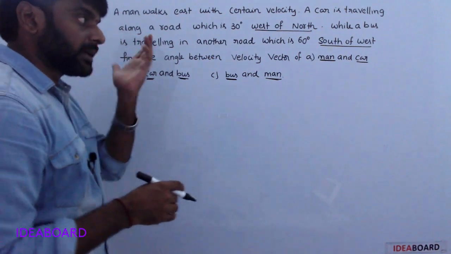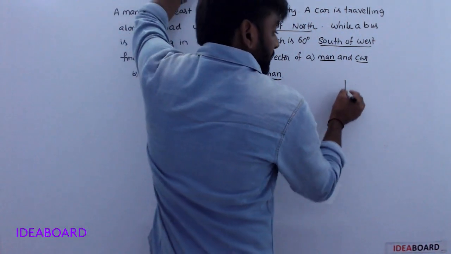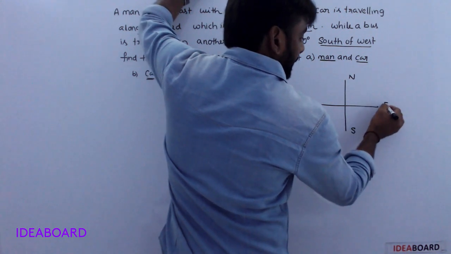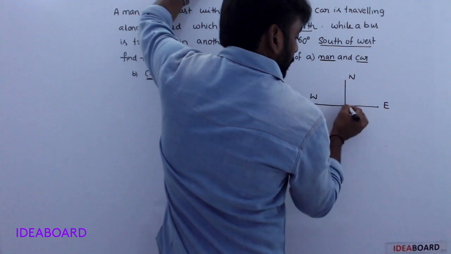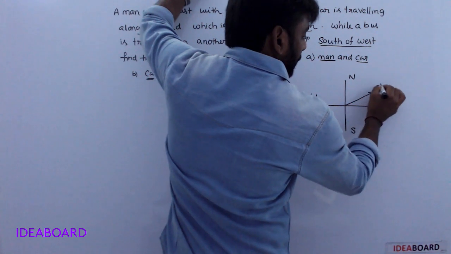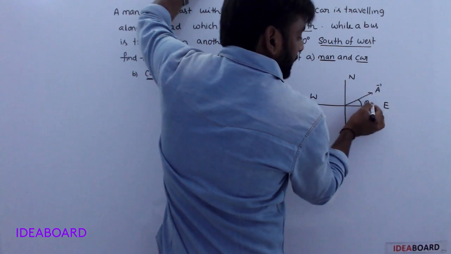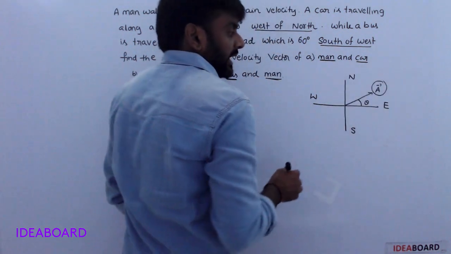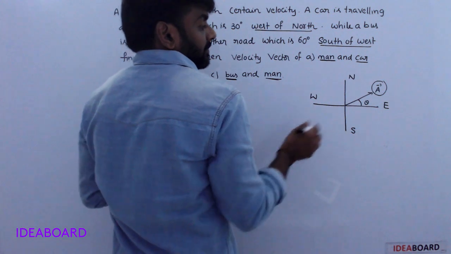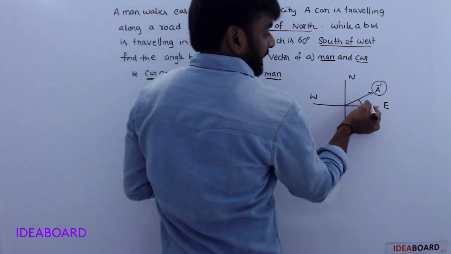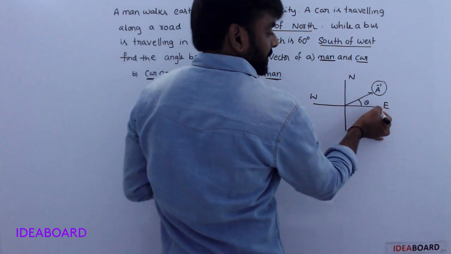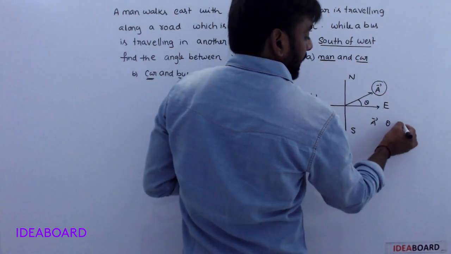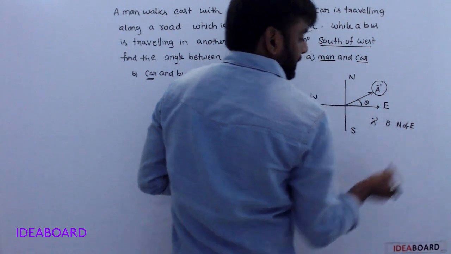Before going to this problem, see, it is in north, south, east, west, one vector, A bar, theta. This means A bar vector makes an angle theta with east, or simply A bar theta north of east.